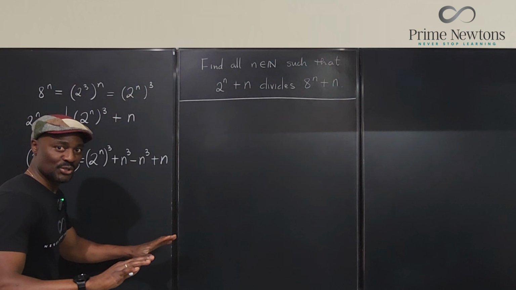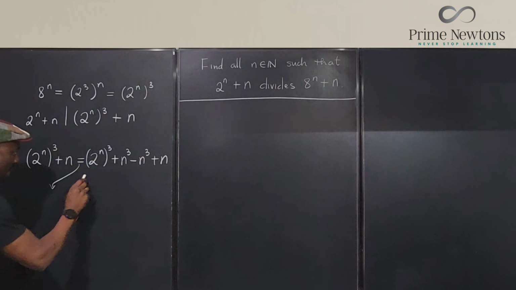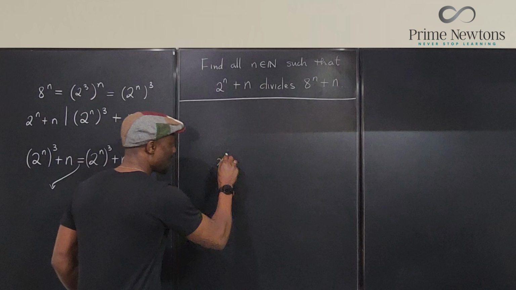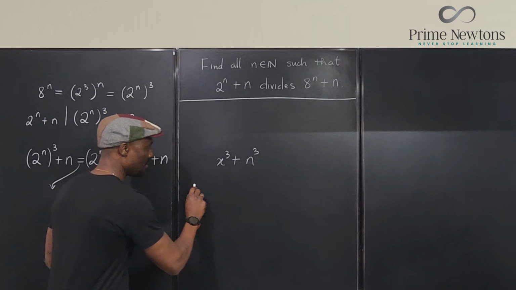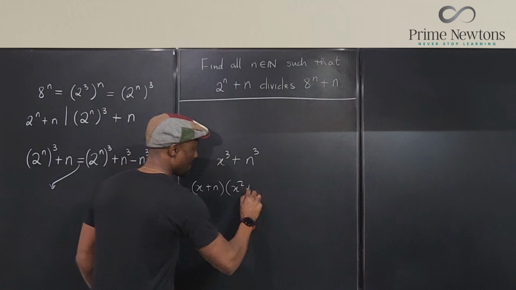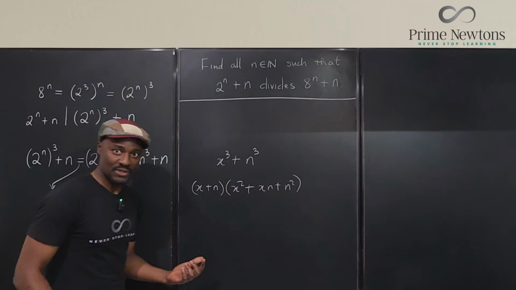That's how I'm going to treat it. If I put these two together, it has the vibes of x cubed plus n cubed, which is x plus n times x squared minus xn plus n squared. That's how you factor the sum of cubes.